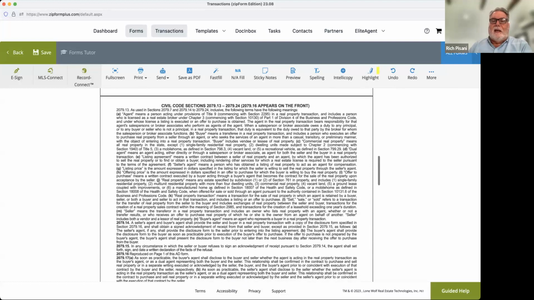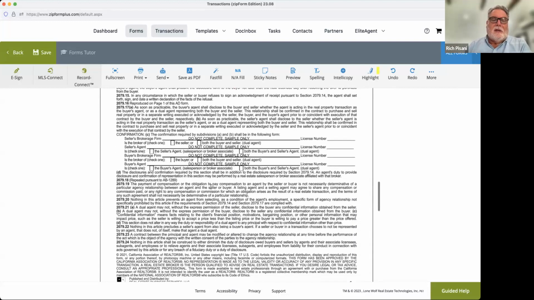That's all the second page is. And you'll notice in the body of the statute, it lists the confirmation. This is exactly what it's going to look like in the RPA. And that's your second statutory disclosure, the agency confirmation.